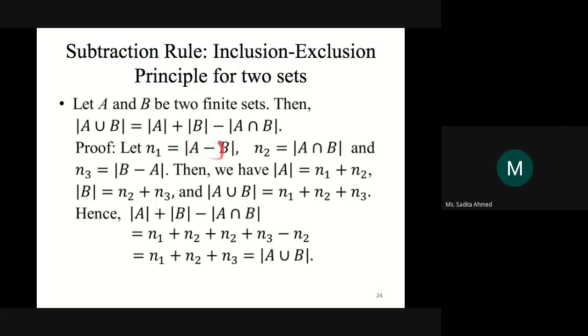So along with this, if you add the count for those elements which are in common among the two, you will get A, right?